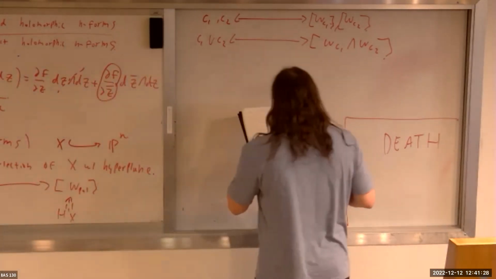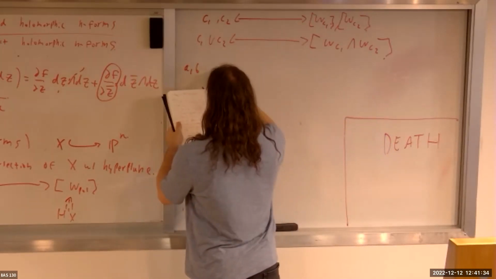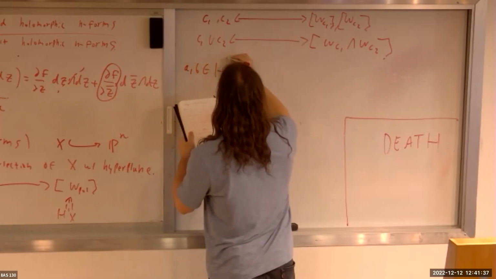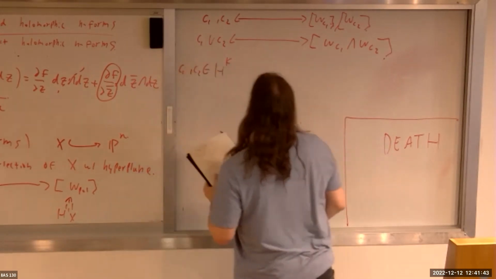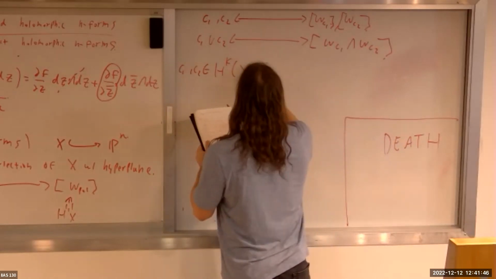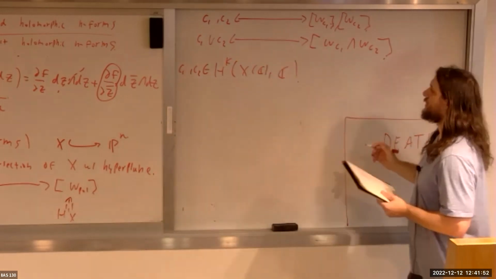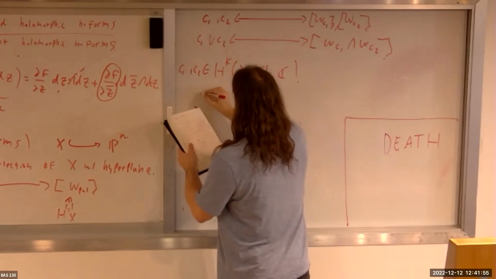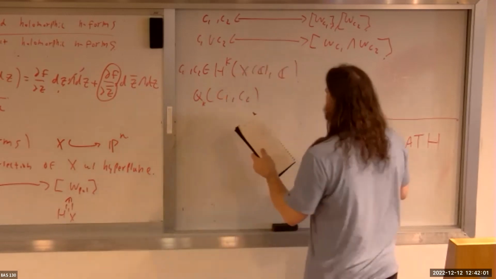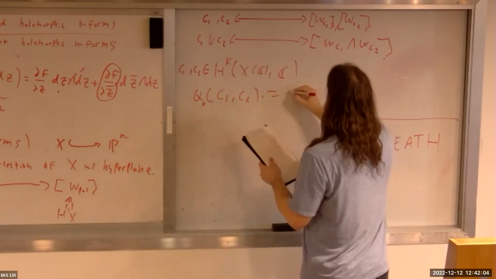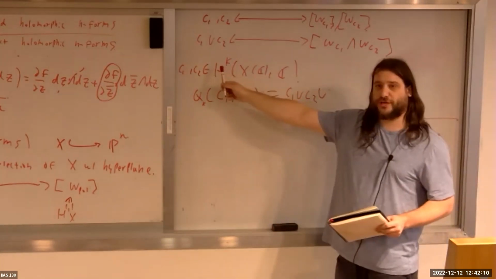And now what we can do is, if C1 and C2 are inside the k-th cohomology group of X, we can define Q, or Qk sometimes, of C1 and C2 to be the cup of C1 together with C2. That will land us in H2k.